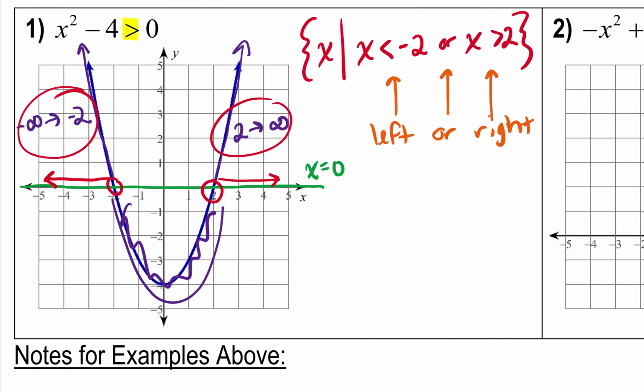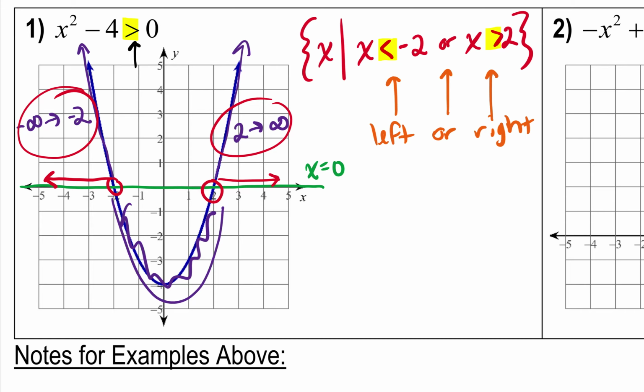My left is less than -2, my right is greater than +2, and notice these signs have to match the one that I have originally in the problem, not in the same direction, but underlined or not underlined. They all have to be the same. So if the question is not underlined, the answer is not underlined. If the question is, then it is, and so on. Okay, so that's number 1.